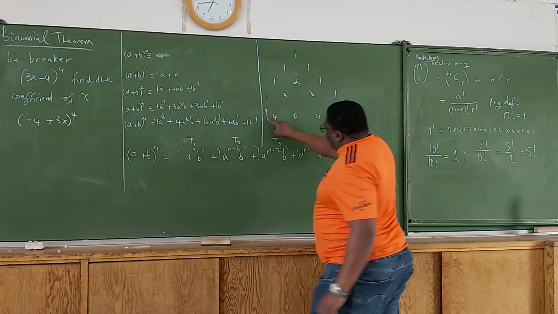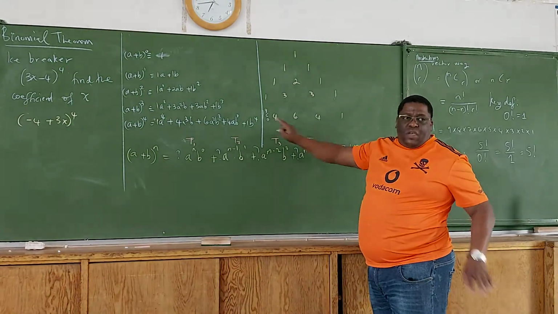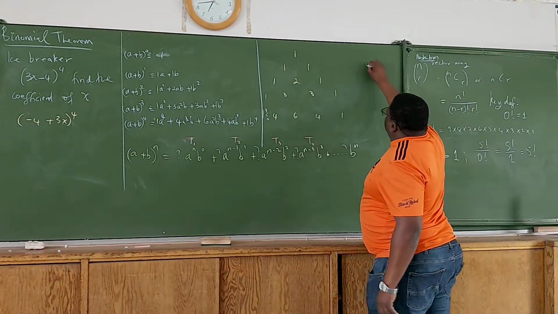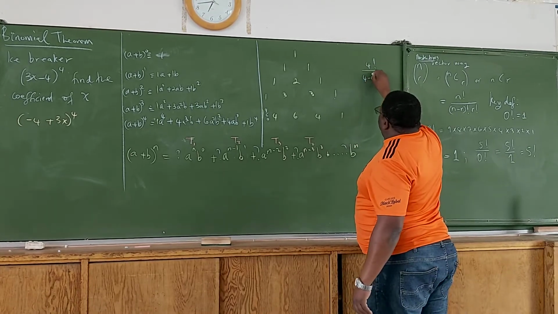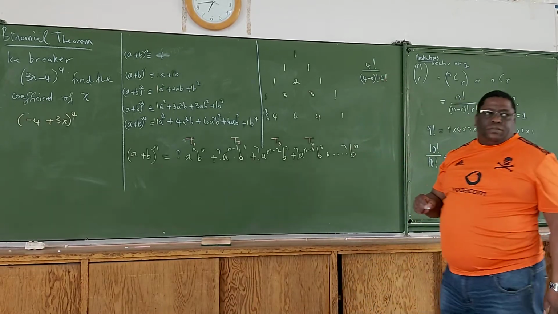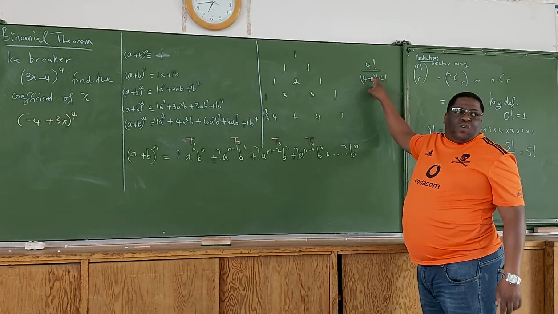If that is the case, you will realize that you get an answer of 1. Let's do this without using a calculator. So this, for example, becomes 4 factorial divided by (4 minus 0) factorial multiplied by 0 factorial. Now remember, 4 minus 0 is just 4.